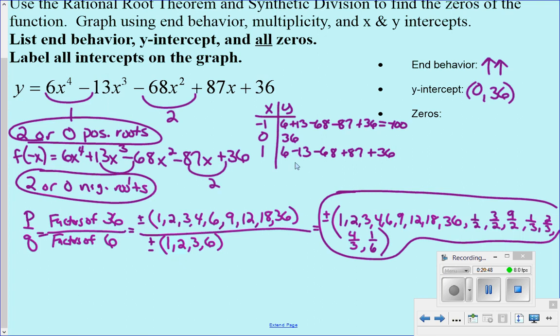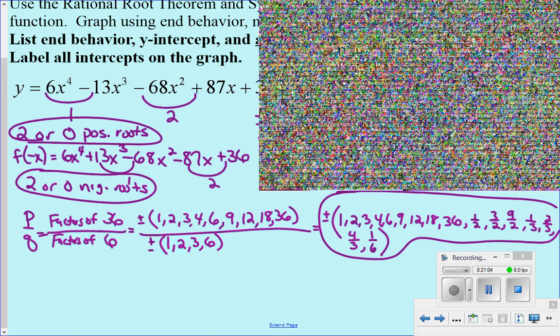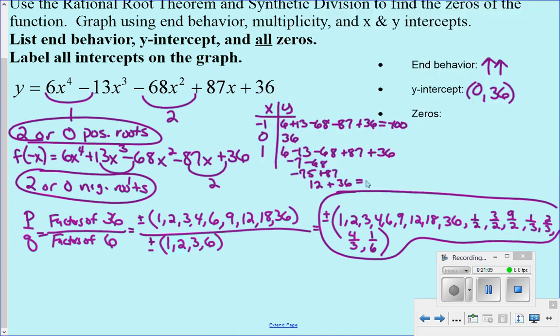So 6 minus 13 is -7. -7 minus 68 gives me -75. -75 plus 87 gives me 12. Yep. And 12 plus 36 gives me 48. Okay, so we have -100, +36, and +48. None of those are 0.